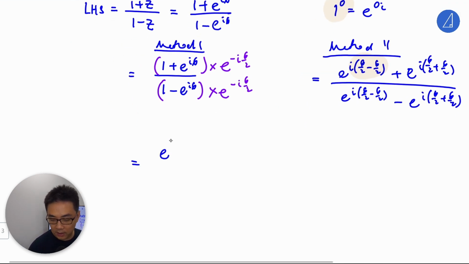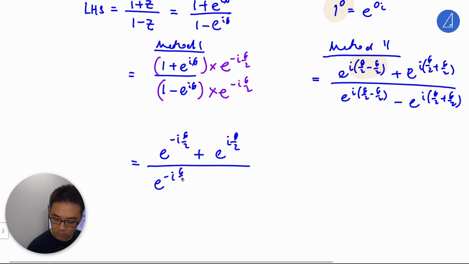So this is e^(-i theta over 2). Okay, like that.